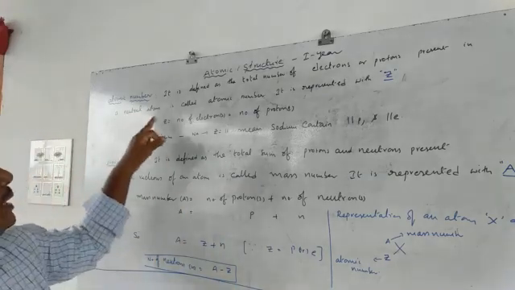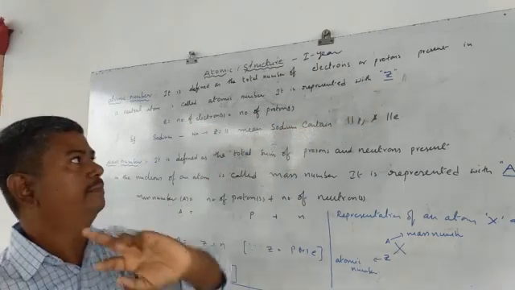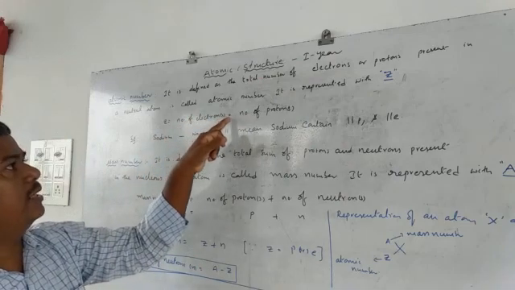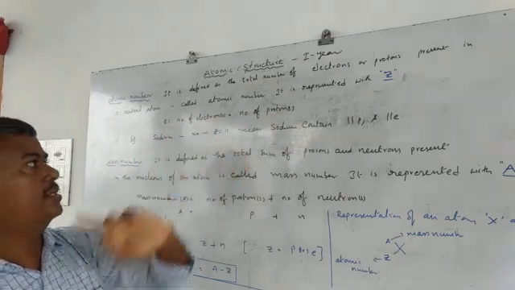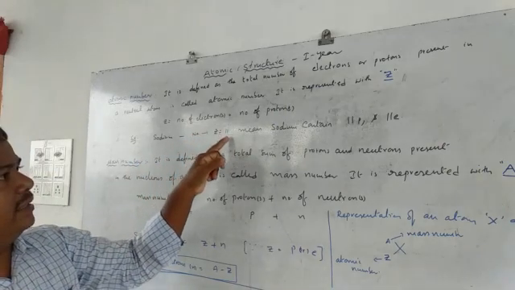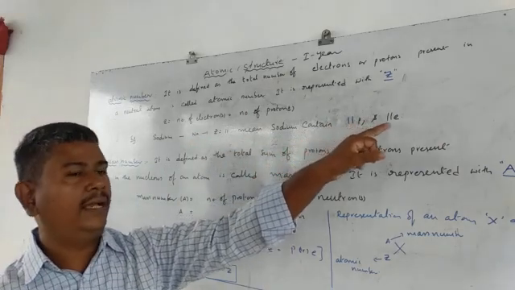It is represented with capital Z. So Z equals number of electrons, which equals number of protons. For example, sodium atomic number is 11. That means it contains 11 protons and 11 electrons.